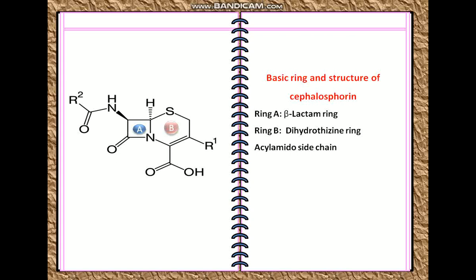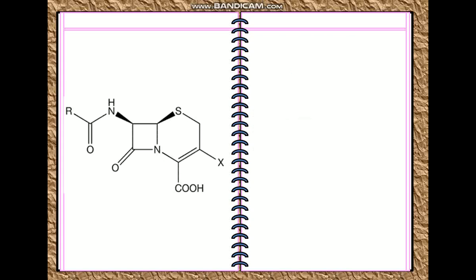So here from this point we start the structure-activity relationship of cephalosporin. Before starting the SAR, we have to know the number and position of atoms present in the structure. So let's see the numbering.